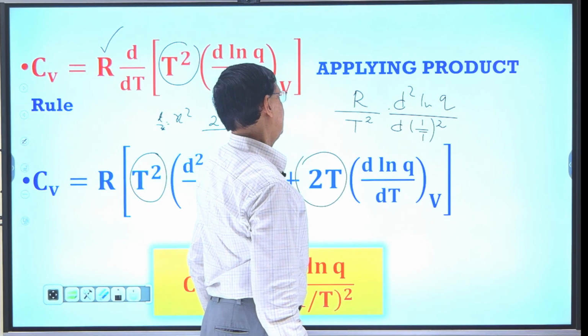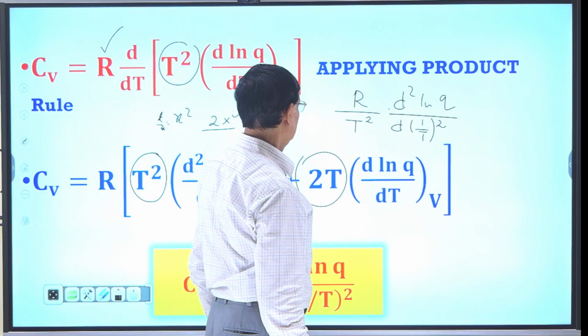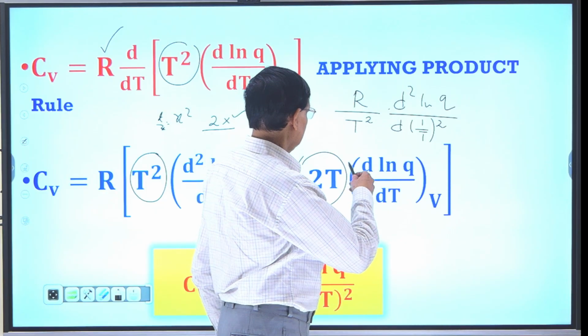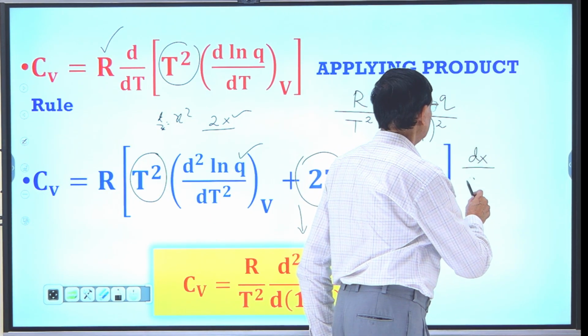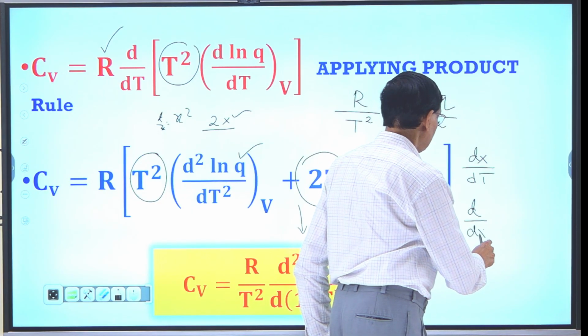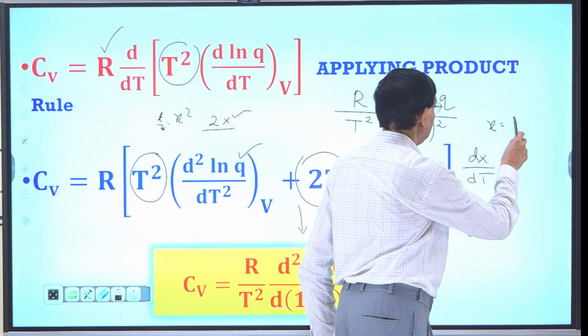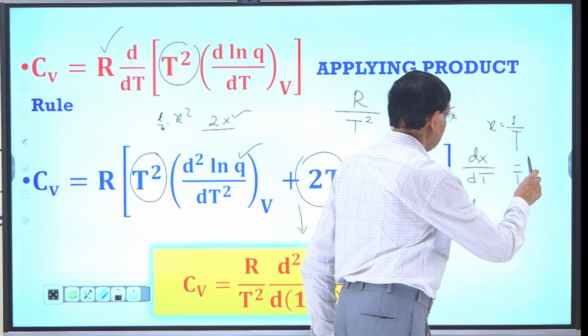For that, again, the solution is very simple. That means we will first determine dx and dt and d by dx. I'll show you. Suppose x is equal to 1 by T, or you can say T inverse.